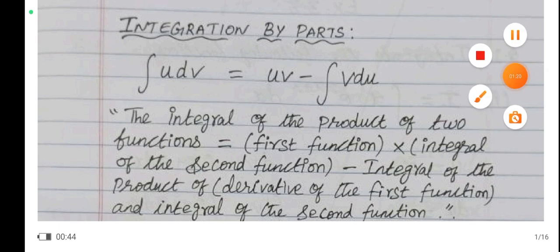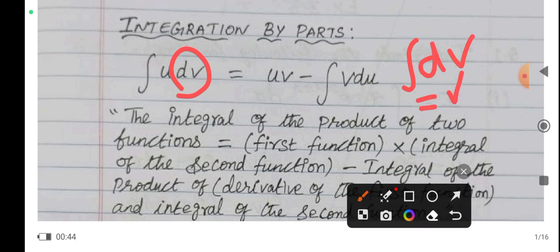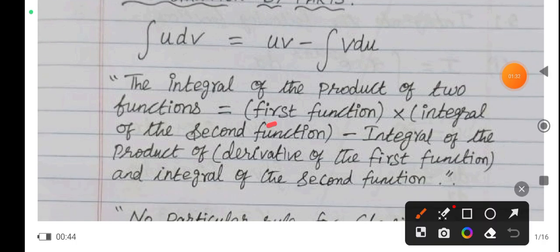That means dv is the second function now. dv you are going to integrate, that is nothing but v. Somewhat understood?